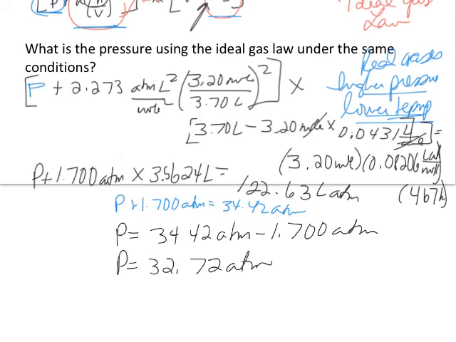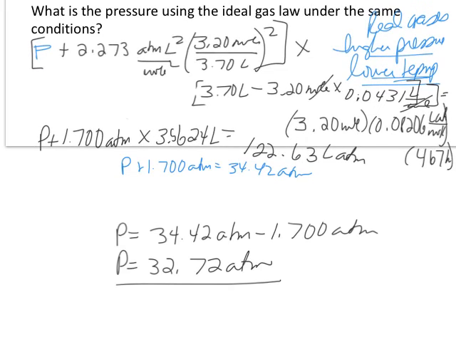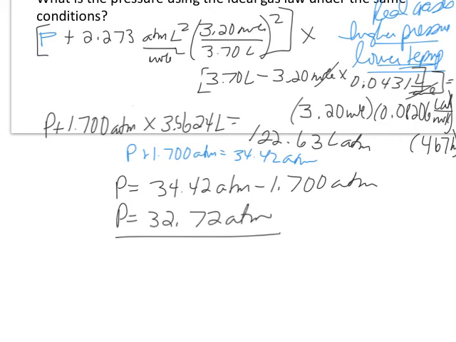Now, what is the pressure using the ideal gas law under the same conditions? We just calculated the pressure using the van der Waals equation. Now what is it under ideal gas conditions? That is just your PV equals nRT.